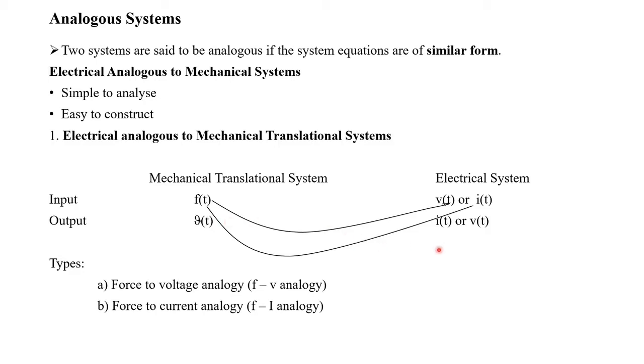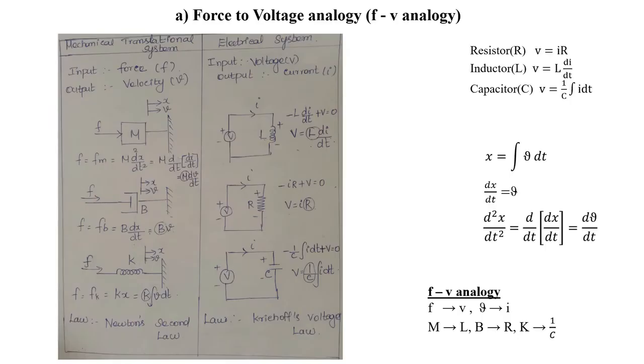Now we are going to see about the force to voltage analogous circuit. Force to voltage analogy can also be represented by F to V analogy. First we have to consider the mechanical translational system, where the input is a linear force represented by F. In the electrical system, what will be the input?